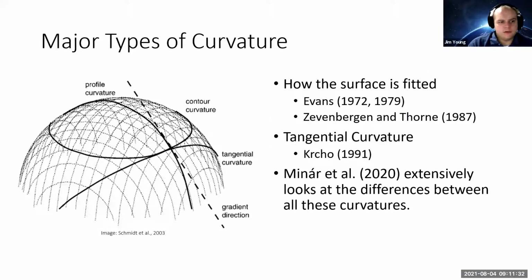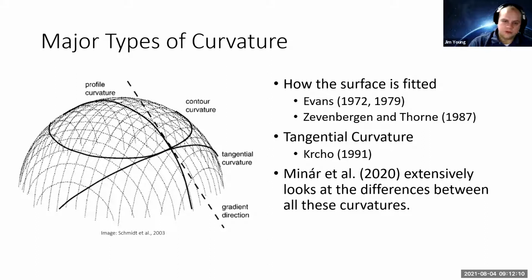Then we get into major types of curvatures, and one major thing about curvature is that how the surface is calculated and how it's fitted to the DEM matters a lot. Evans 72 and 79, probably one of the original authors on curvature, uses a fitted 6 coefficient surface interpolator, basically, to help reduce the error in the calculation.